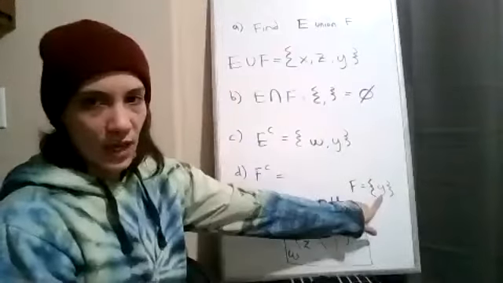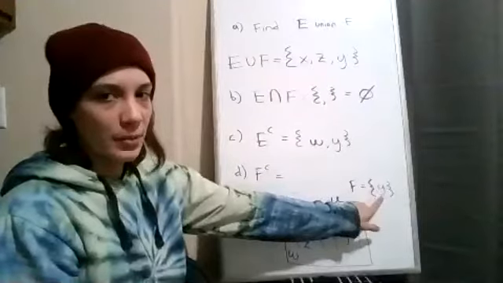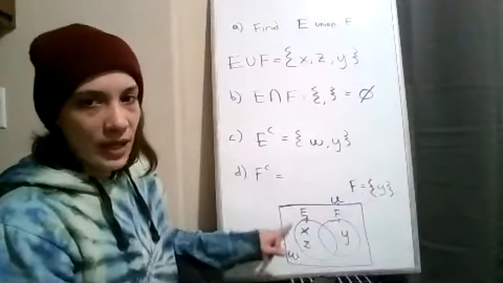So since F contains Y, you want all of the elements in the universe except for Y. So W, X, and Z.